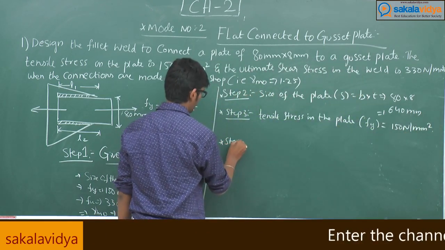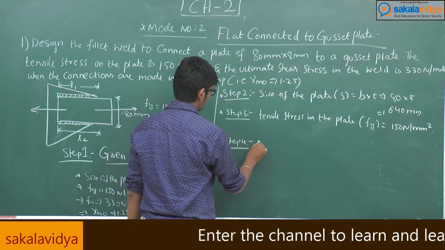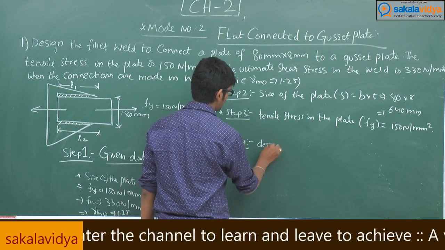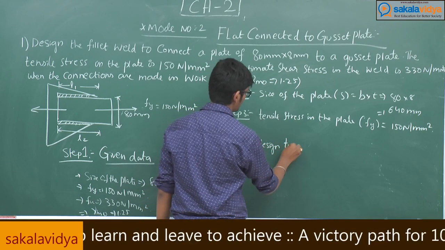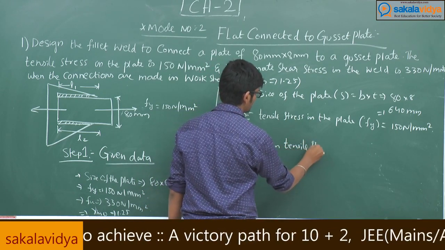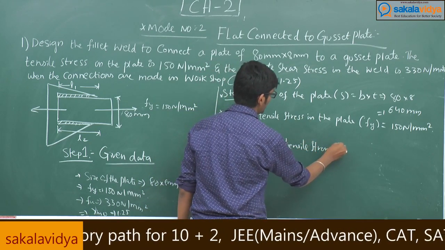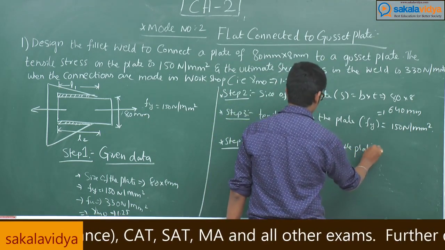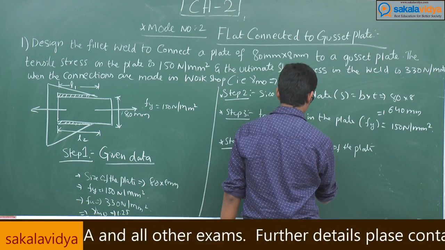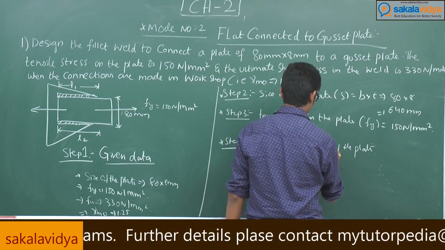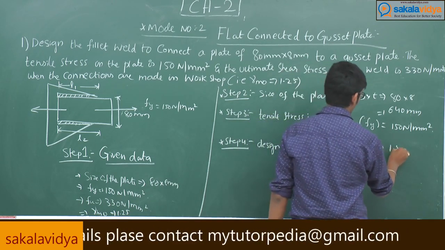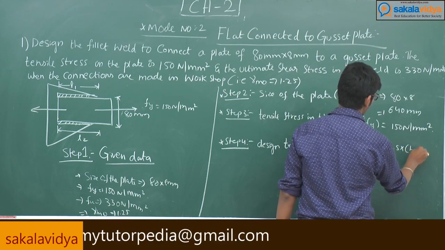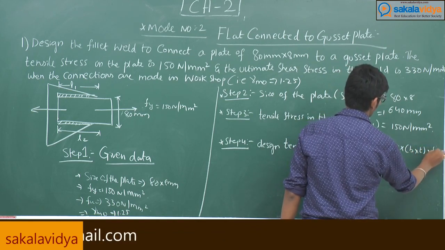Step 4, we need to find the design tensile strength of the plate, that is 1.5 into B into T into Fy.